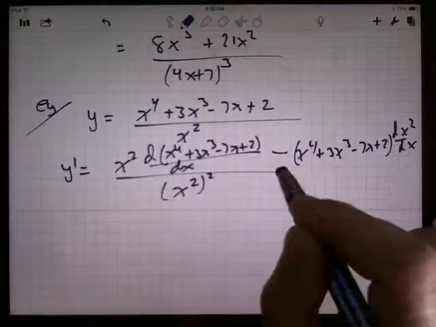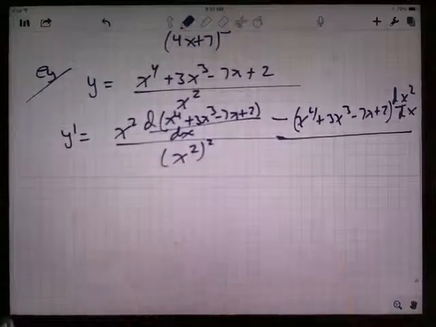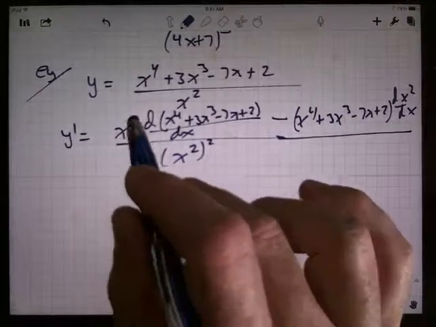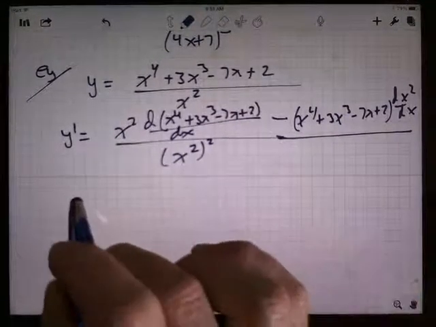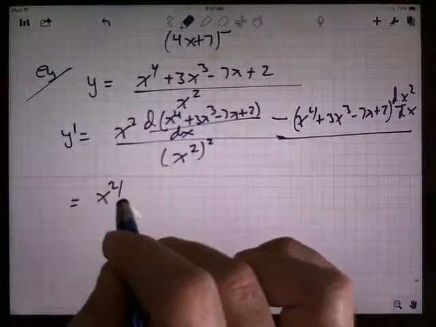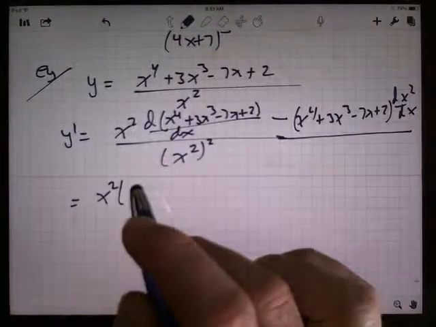We have just enough room, and make sure this fraction bar is long enough. So anyway, boy, can I cancel all this x squared here? No, of course I can't. There's a minus sign, right? Okay, so here we go. So I've got x squared times, what's the derivative of this whole thing? Well, it's a polynomial. I can just do the derivative of each piece and add them up.